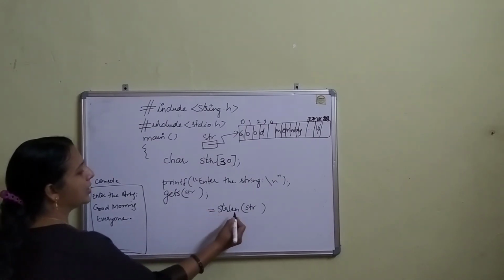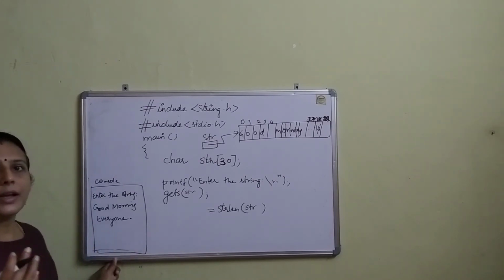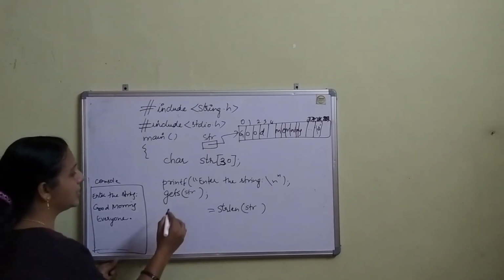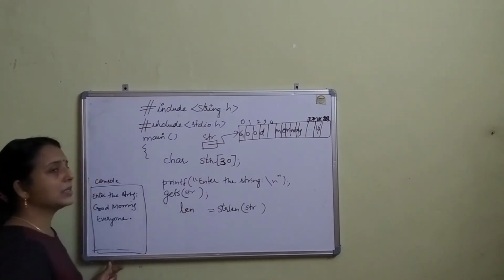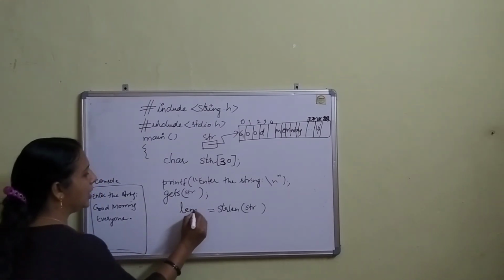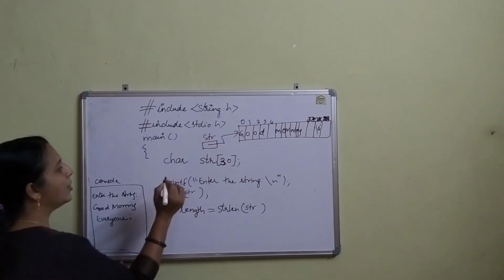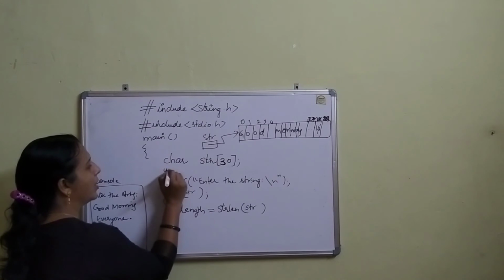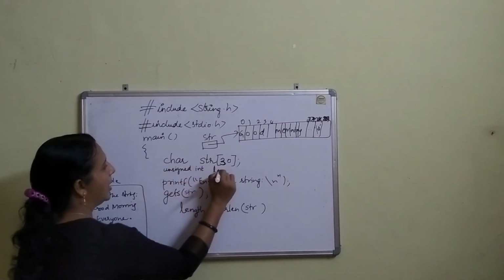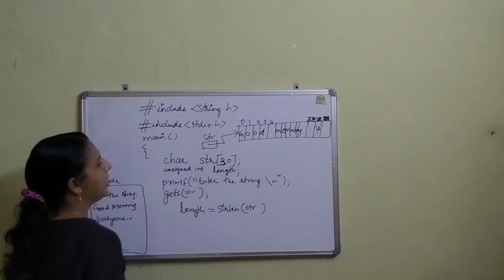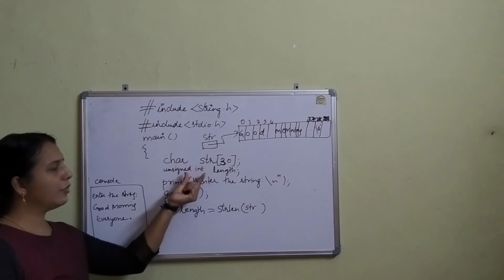The value returned is always a positive value, an unsigned integer, and it has to be stored somewhere. Suppose our variable is length. You have to declare this variable also, and its data type is unsigned int length.